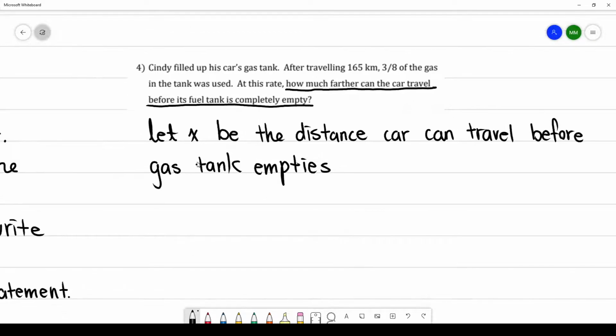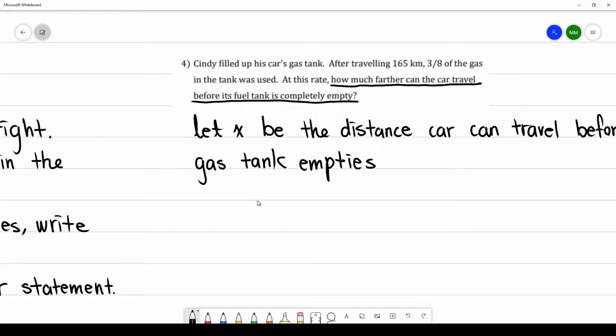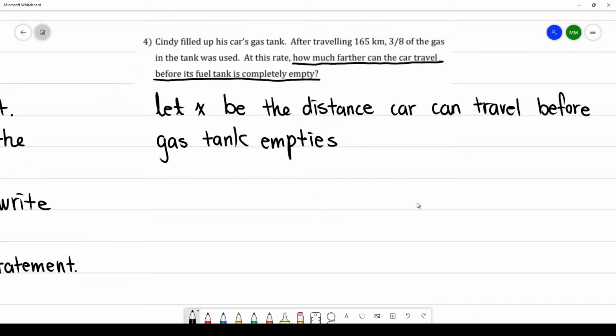So that's the let statement. For this question, we only have to solve for one unknown. So x in this case is pretty clear, but when you have more complicated problems with many different unknowns, it's a really good idea to write let statements: that x, that y, that z, and so on.